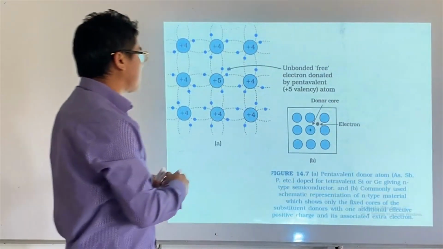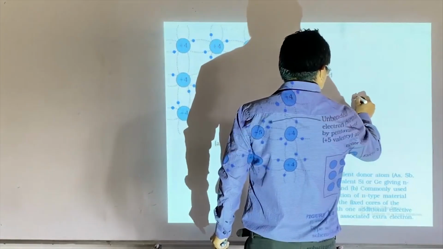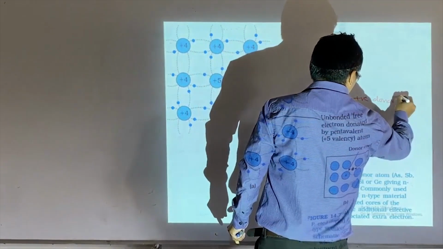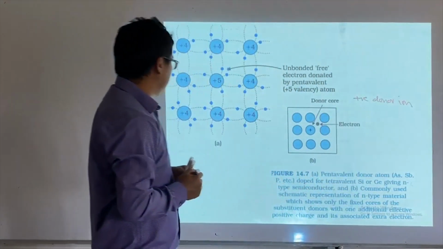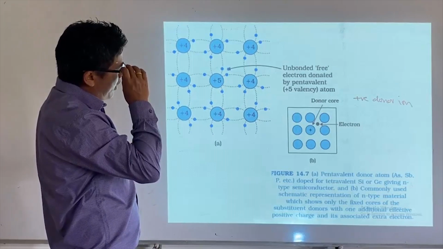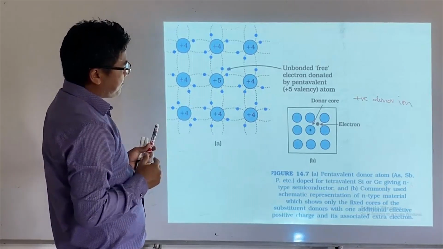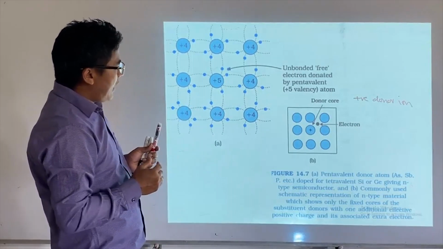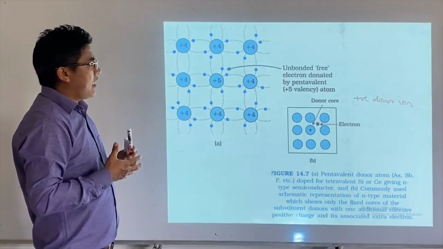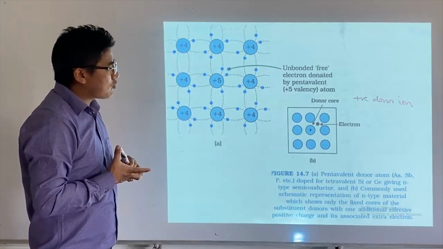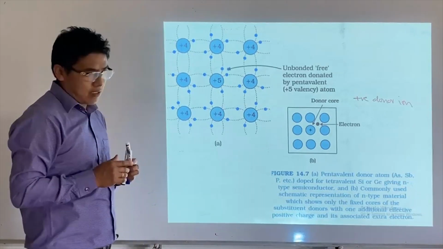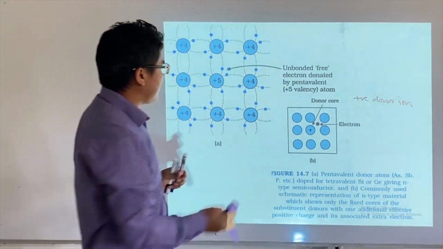This creates positive donor ions. So the majority charge carrier is electrons, and the minority charge carrier is hole, and the dopant is pentavalent, and this creates positive donor ions, right?